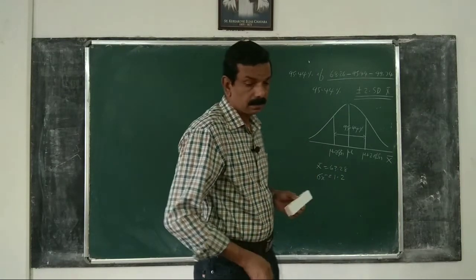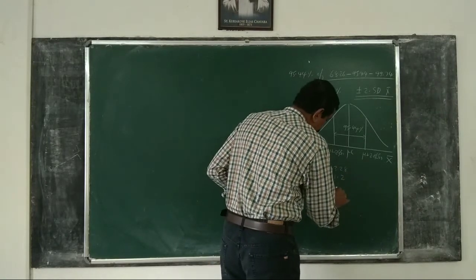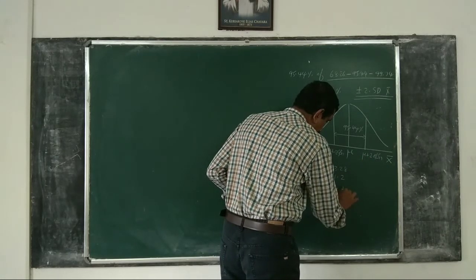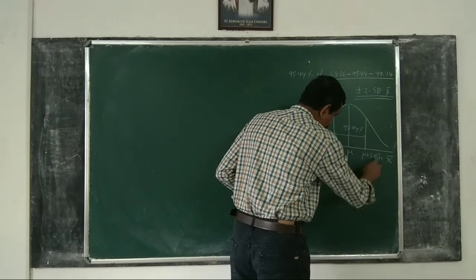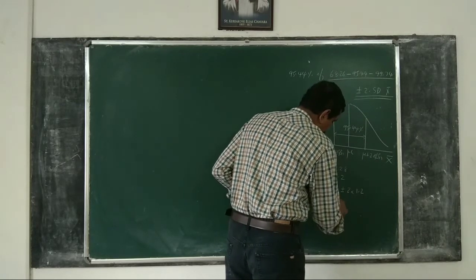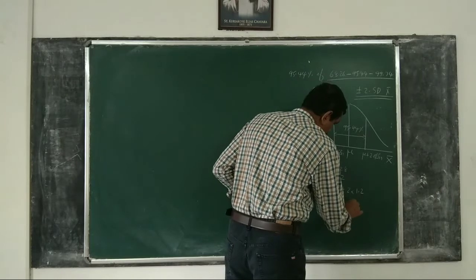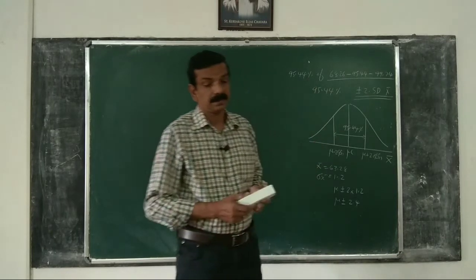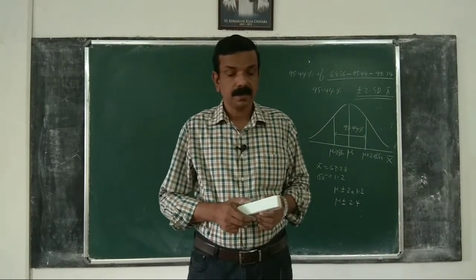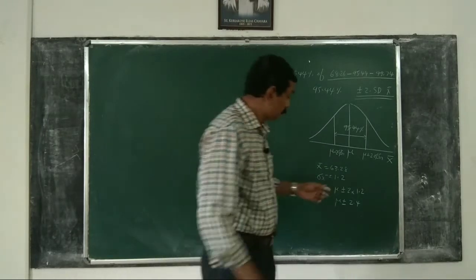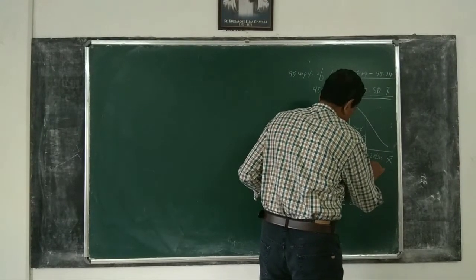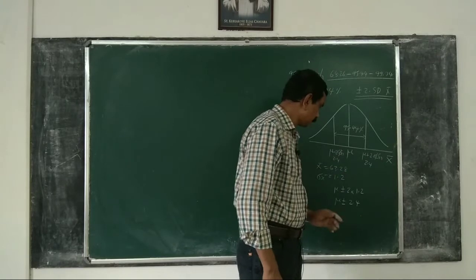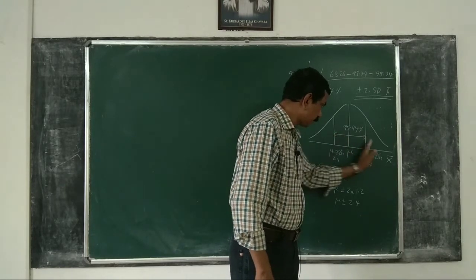So, 2 into 1.2, so mu plus or minus 2 into sigma by root n is mu plus or minus 2.4. So, 95.44% of X bar lie between mu plus or minus 2.4 on either side of the mean.